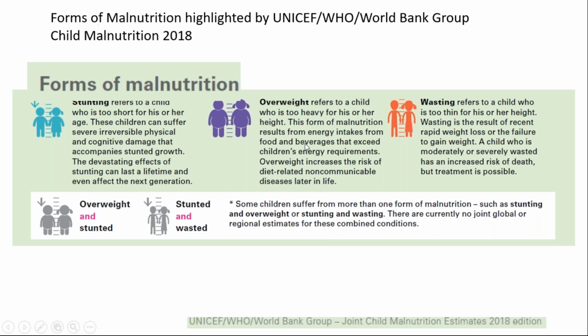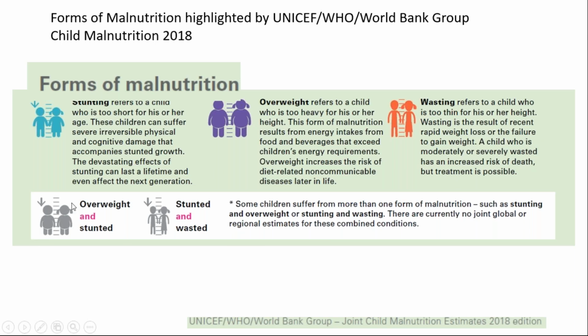The third form of malnutrition described by WHO is wasting. This refers to a child who is too thin for his or her height. Wasting is the result of recent rapid weight loss or failure to gain weight. A child who is moderately or severely wasted has an increased risk of death.